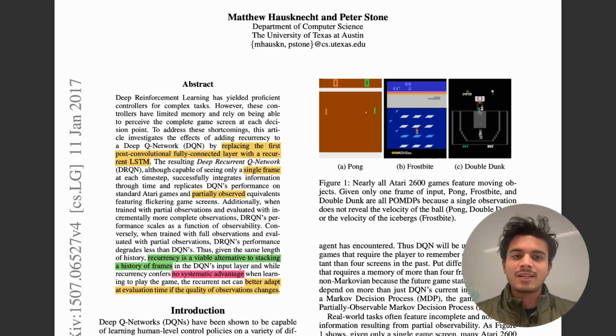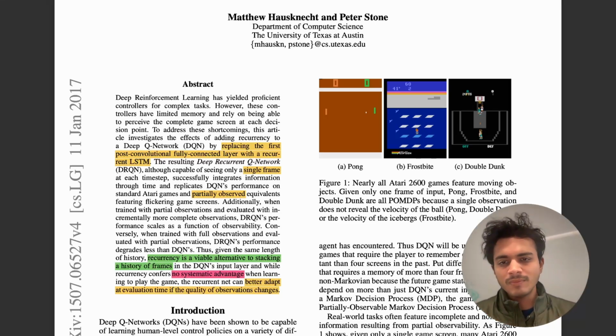So over here they are considering each frame as one single state instead of 4 of them.